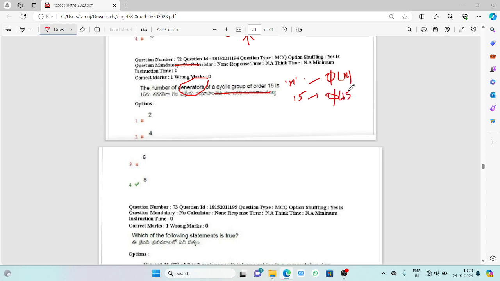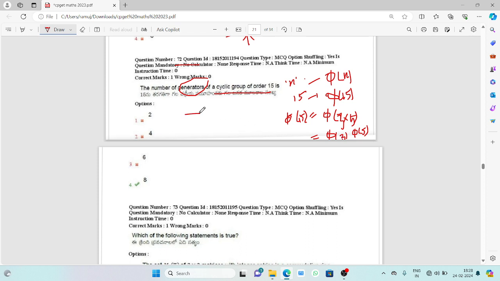If you simplify this one, you can get the number of how many generators there are. So phi of 15, if I simplify that, I can write it as phi of 3 into 5. So that will give you phi of 3 into phi of 5.